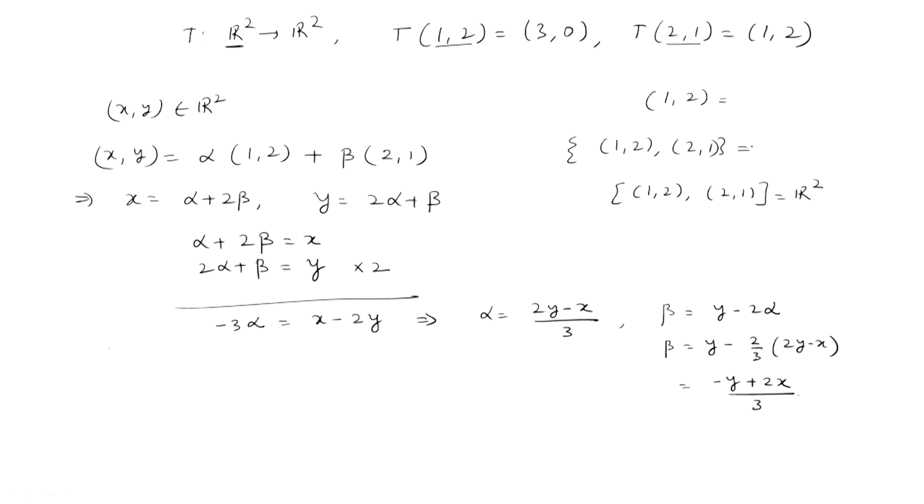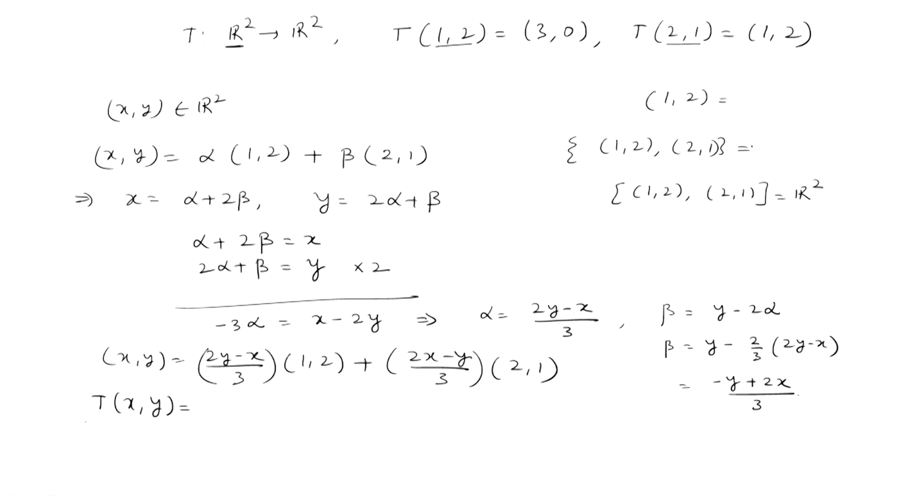Now, this (x, y) is alpha times the first vector and beta times the second vector. Alpha is (2y - x)/3 times (1, 2), plus (2x - y)/3 times (2, 1). Now, what is T of (x, y)?